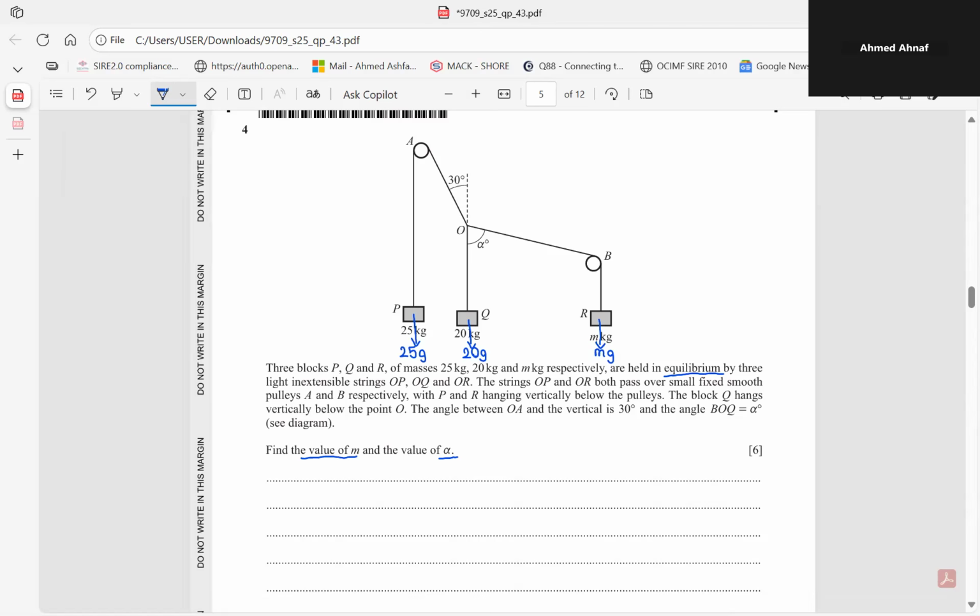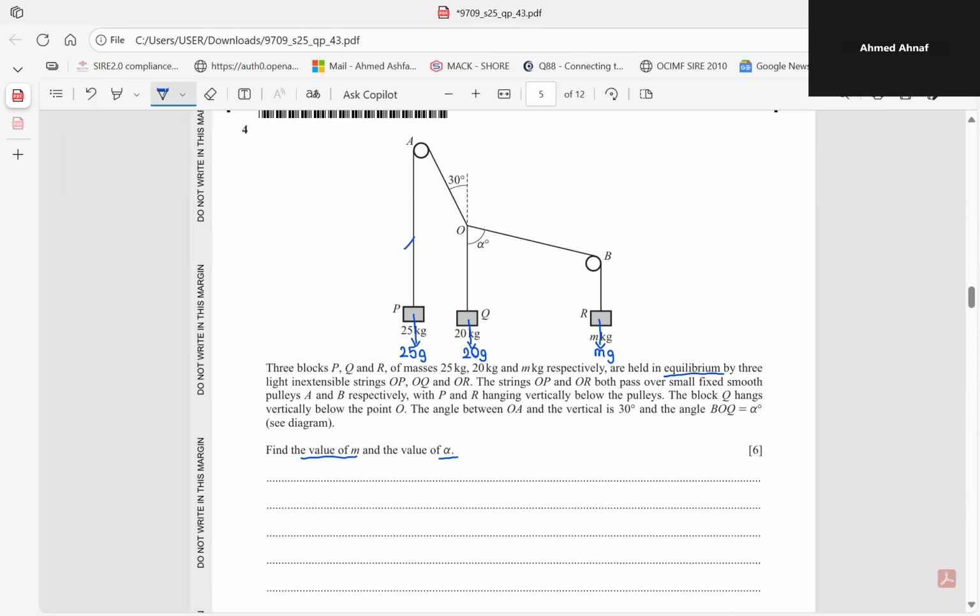Logically, since they're all connected, they should have the same tension acting, except for Q.